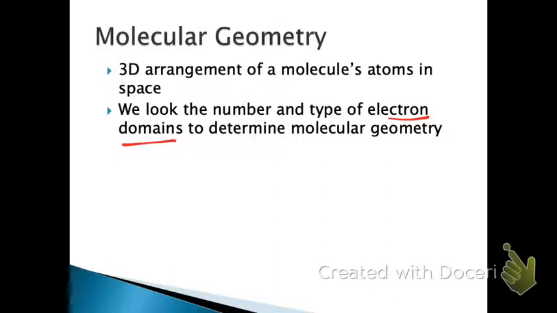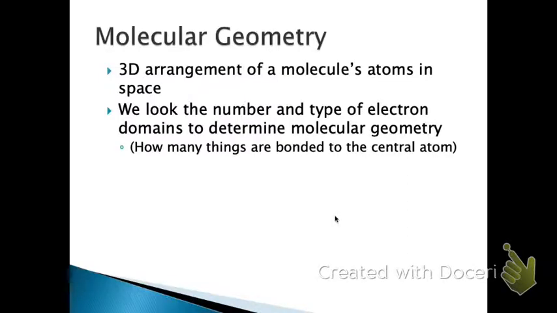Essentially, all electron domains mean is how many things surround the central atom. So I want you to rewrite this: how many things surround the central atom?